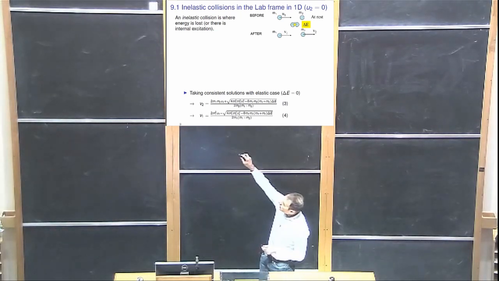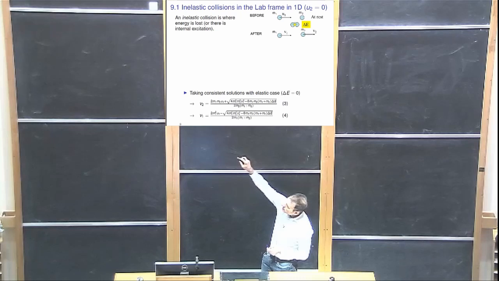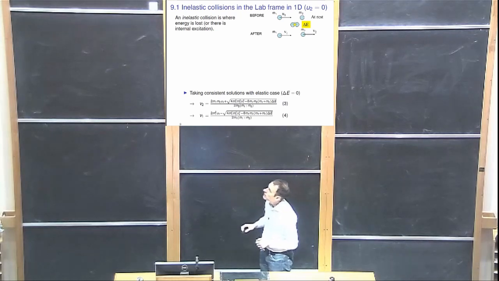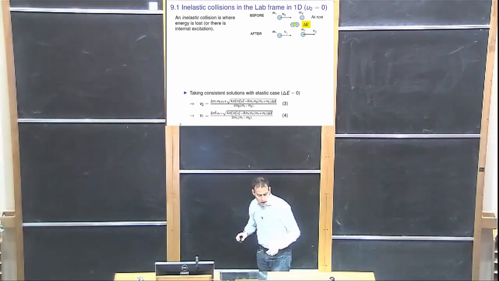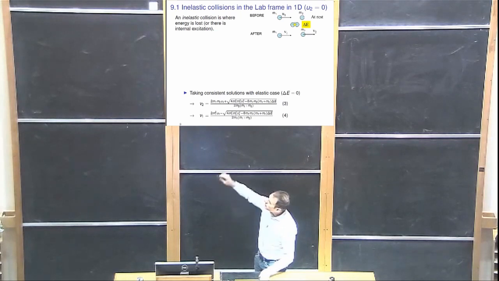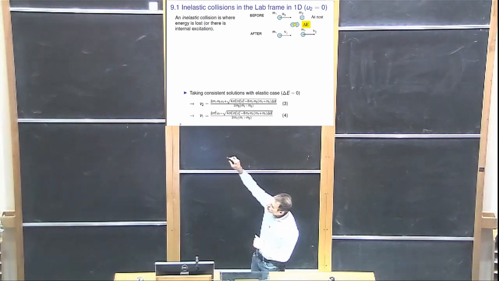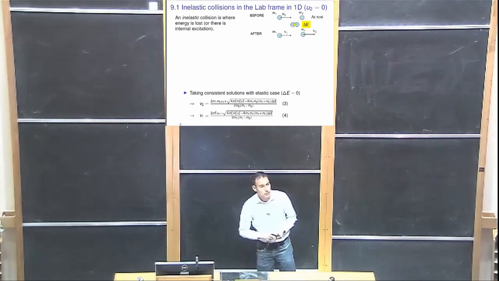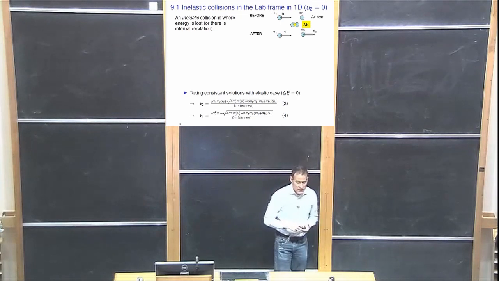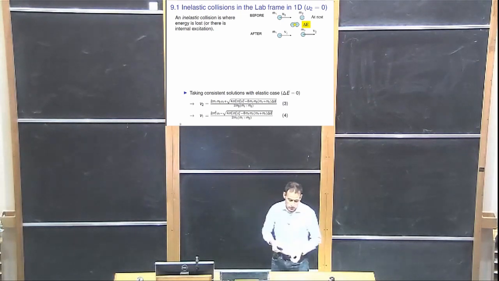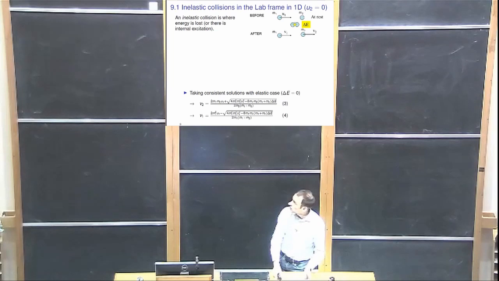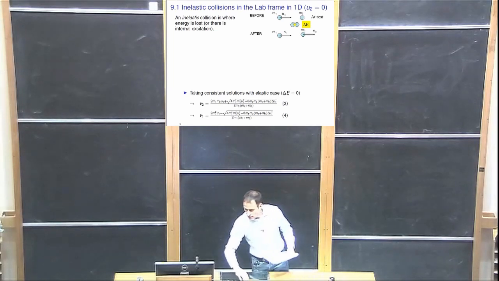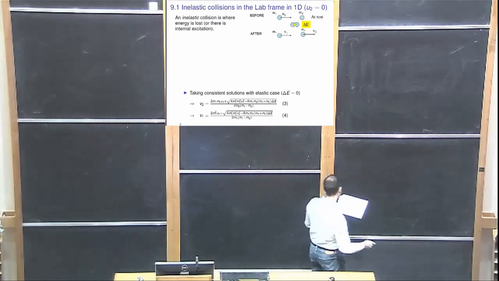You've got one body coming in, the other one is at rest, then something happens during the collision, and then afterwards both bodies have some kind of velocity. And during the collision, this loss in energy is, well, sound, deformation, heat, and so on, or a combination of those. So let's start just with the usual equations there.